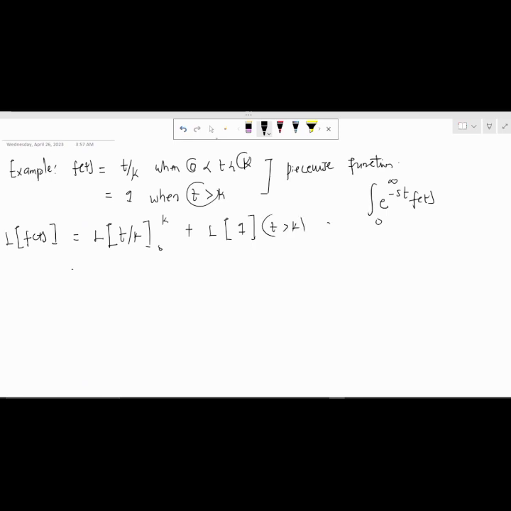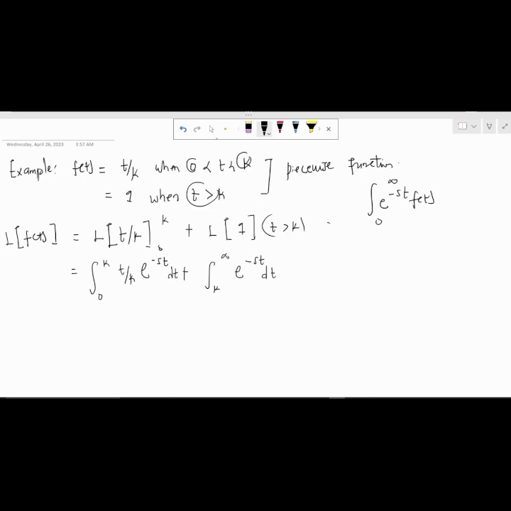So what does that tell us? It means that if we are doing our Laplace transform here, we would have the integral from 0 to k, not infinity, of t over k multiplied by e raised to the power minus st, plus the integral from k to infinity, because it's going from k above, of 1 times e raised to the power minus st. I forgot my dt here, so I have dt here, and dt here.